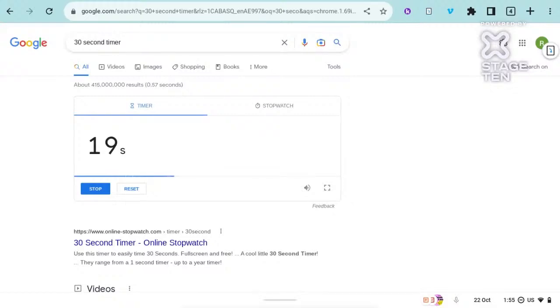Kevin said 40. Deepa said 40. Yuvraj also said 40. By the way, hello Yuvraj, saw you after a long time, right? Then Nilesh also says 40. So I guess all of you gave the right answer. That is 40.